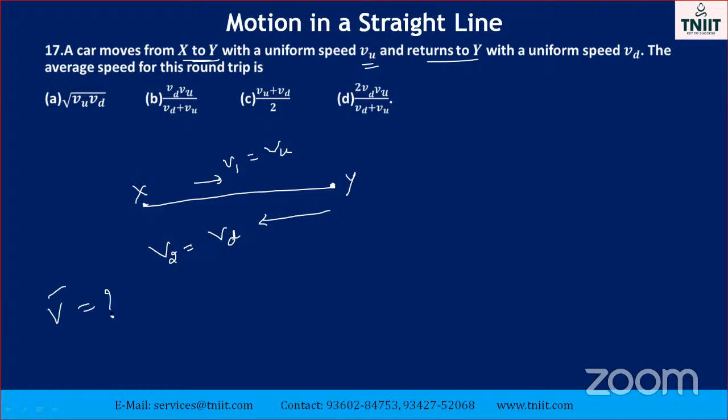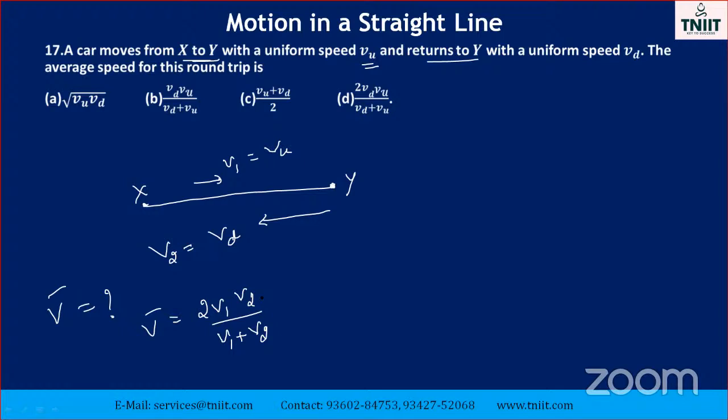Students, as I said in the theory concept, the average speed is given by the formula 2 times V1 V2 by V1 plus V2. Sir, why are we using this 2 V1 V2 by V1 plus V2?